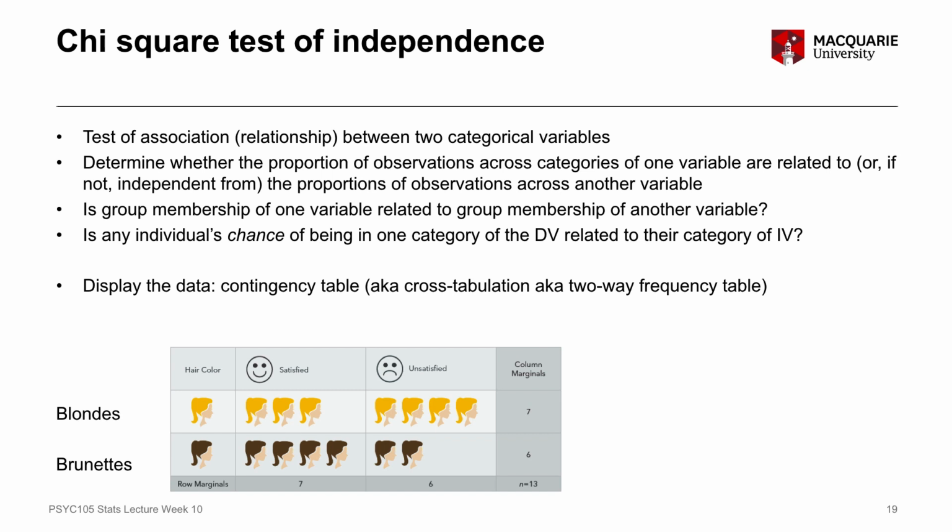And the number of little images that you can see in each of the cells here represents the sample size for each of those combinations of categories. So you can see that there are 3 satisfied blondes, 4 unsatisfied blondes, 4 satisfied brunettes, and 2 unsatisfied brunettes.